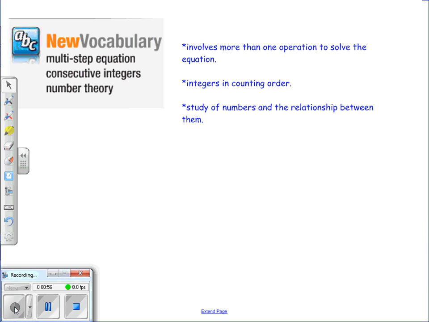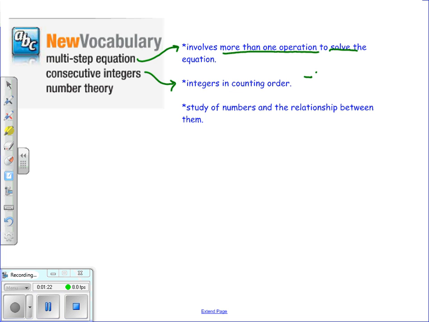Okay, we have 3 new vocabulary words: multi-step equation, consecutive integer, and number theory. A multi-step equation is an equation that has more than one operation, so it's more than one operation you need to use to solve the equation. Consecutive integers are integers that are in counting order.